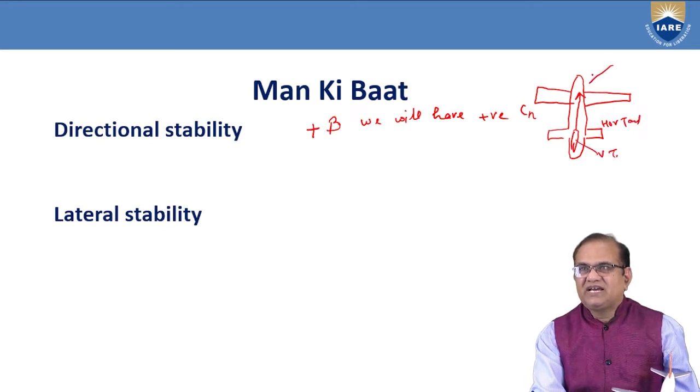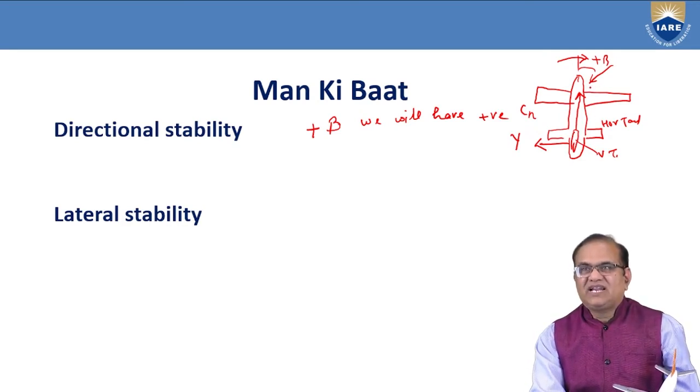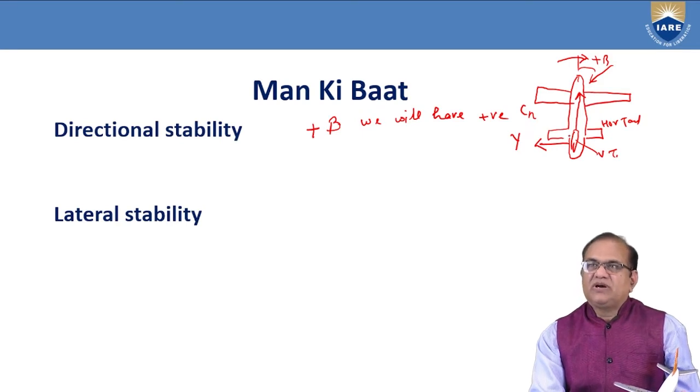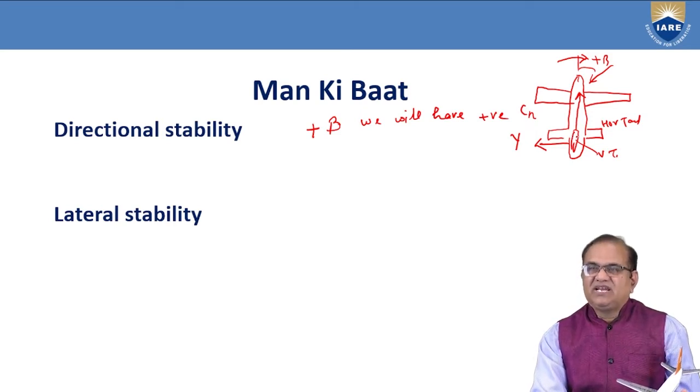So this positive beta will generate a negative y force. This will try to move towards this. So the vertical stabilizer or fin of the aircraft is acting as a stabilizer, and it is making the aircraft directionally stable. So the main contribution of the vertical fin is to give better directional static stability.